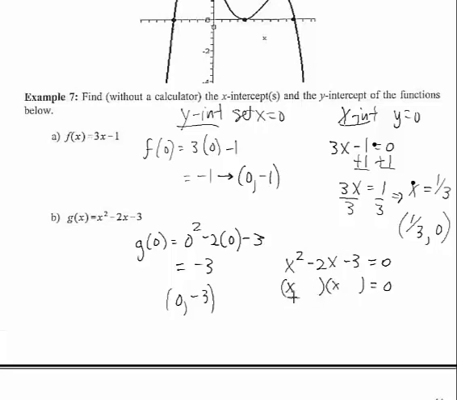I'm going to write this as a polynomial times a polynomial. x times x would give me my x squared. And now I want to find two numbers that would multiply to give me a -3 and add to give me a -2. There's only one pair of numbers where that will work, -3 and +1. So these are my two factors, and I just simply split this up into two easier equations.